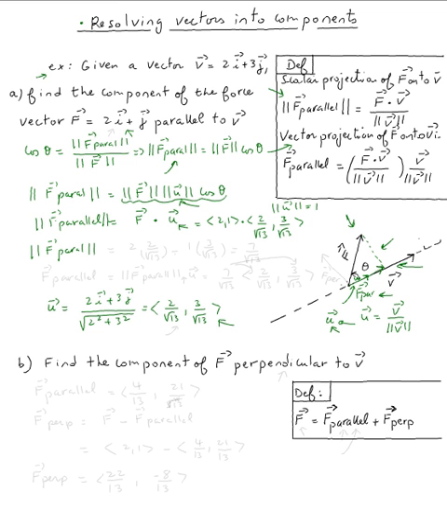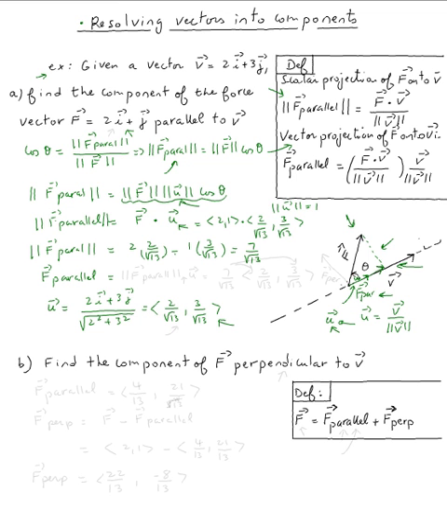The norm of F parallel is going to be equal to 2 times 2 over square root of 13, that's the dot product, plus 1 times 3 over square root of 13, which is equal to 4 over square root of 13 plus 3, 4 plus 3, 7. So 7 over square root of 13. This is the norm of F parallel, but they're asking us to find F parallel, the force, the vector.